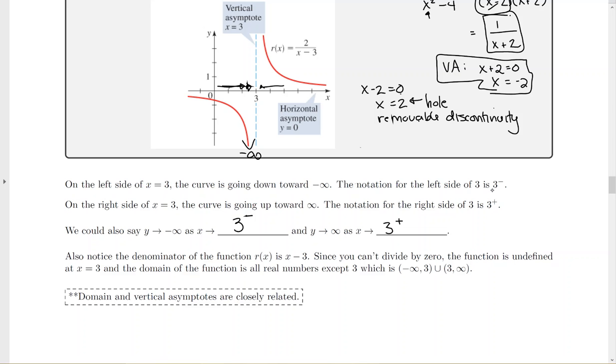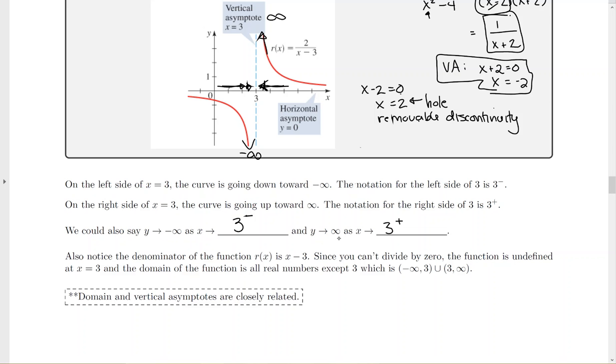So the way we say left of 3 is 3 with a negative up there. And then on the right side of 3, coming in and approaching it, its graph is going up to positive infinity. So that's what all of this means. Y is going down to negative infinity as x approaches 3 from the left.